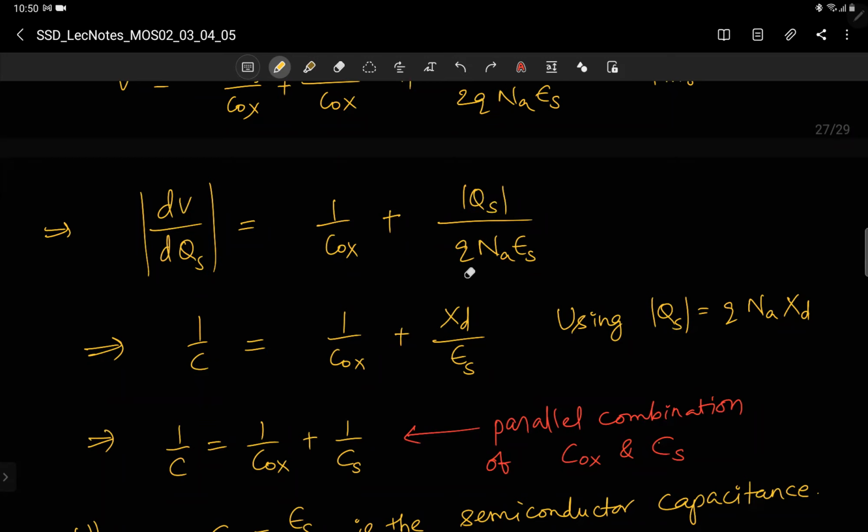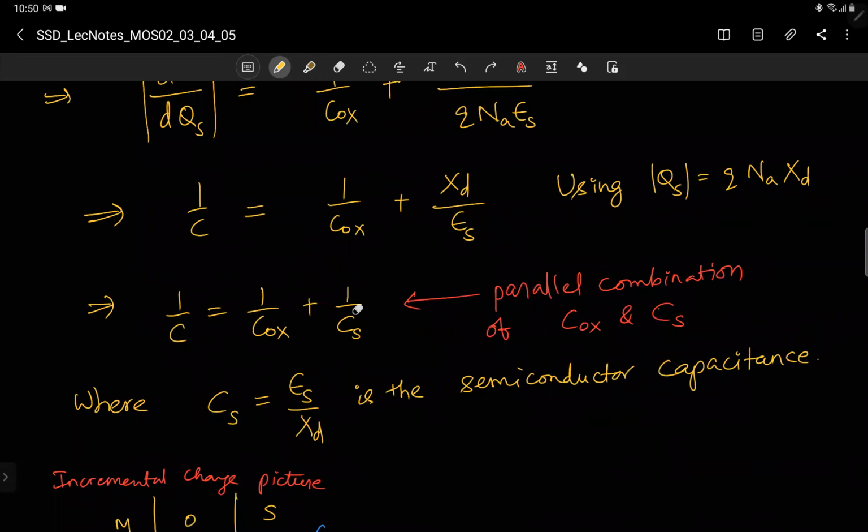So Qna cancels in numerator and denominator, and you have xd in the numerator and epsilon s in the denominator, so xd by epsilon s. What is the meaning of this? Call this xd by epsilon s as 1 by cs. So 1 by C is equal to 1 by Cox plus 1 by cs.